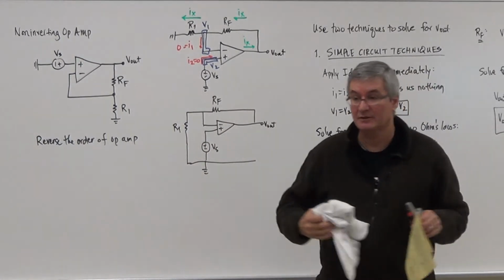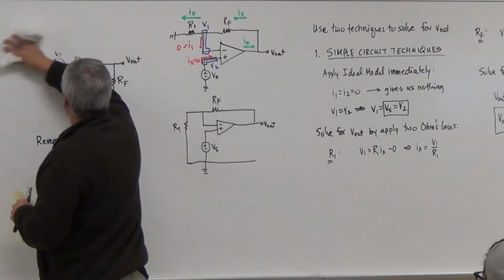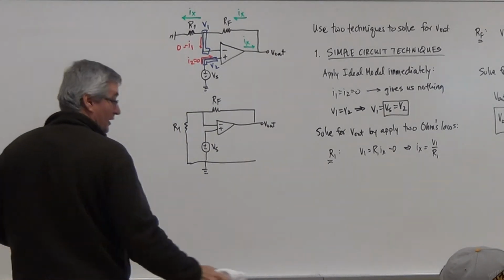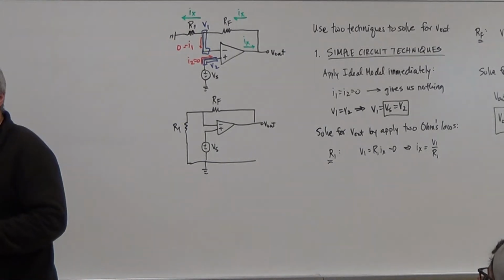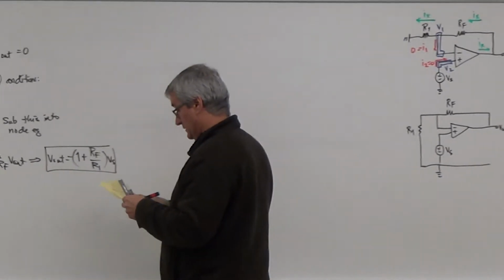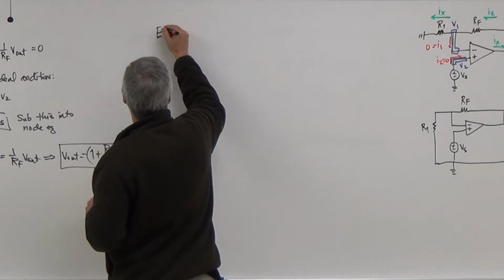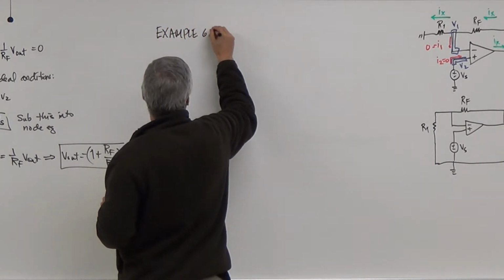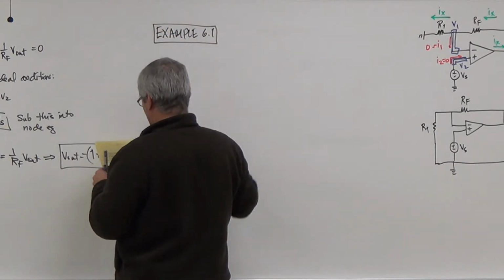Okay, let's do the next circuit. I want to look at the next example here. I can't get the projector to turn on. So we start our first example now. And here's the circuit.